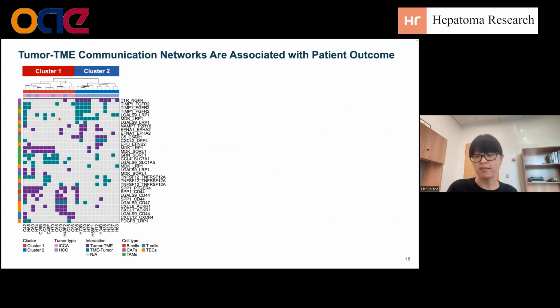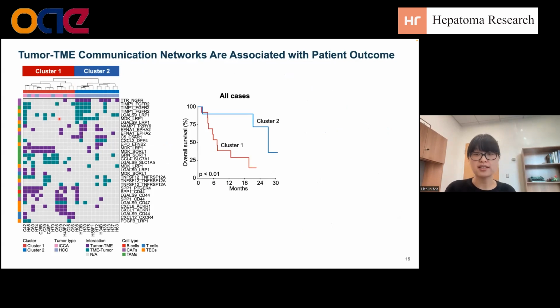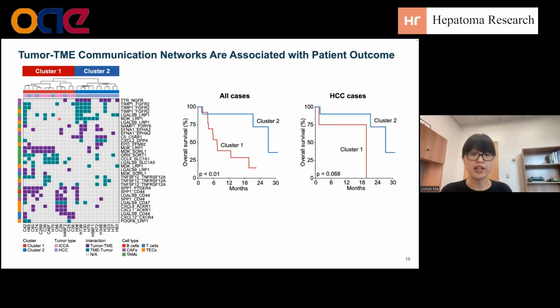Noticeably, patients from the two clusters have significantly different overall survival, suggesting that the tumor and tumor microenvironment interaction networks are linked to tumor biology. Because this cohort includes both HCC and ICC patients, we also analyzed HCC patients separately, where a consistent trend of survival difference between the two clusters was found.